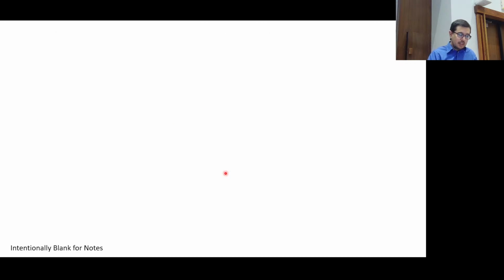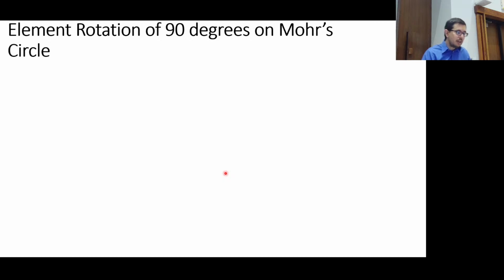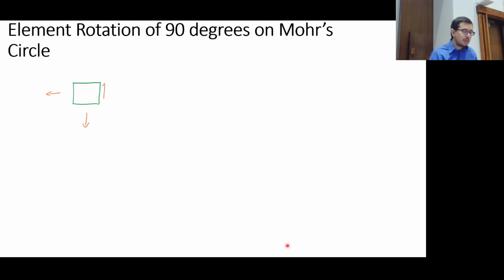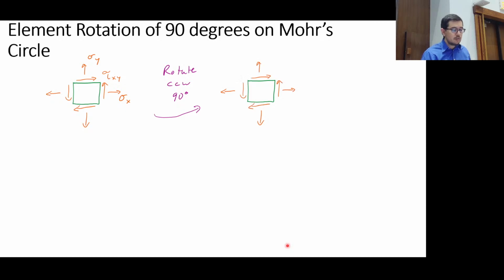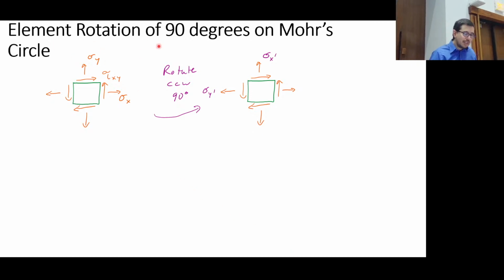Okay, so an element rotation of 90 degrees on Mohr's circle is going to give us, oh, sorry, yeah. Okay, sorry. We're rotating the element 90 degrees, and then on Mohr's circle, that's going to be a 180-degree rotation, okay?